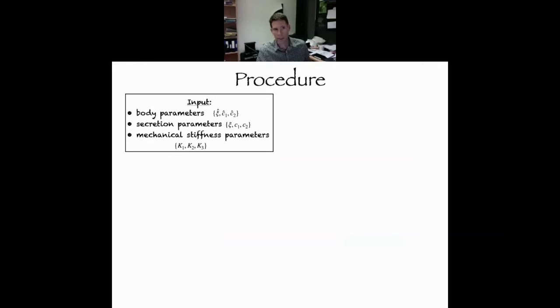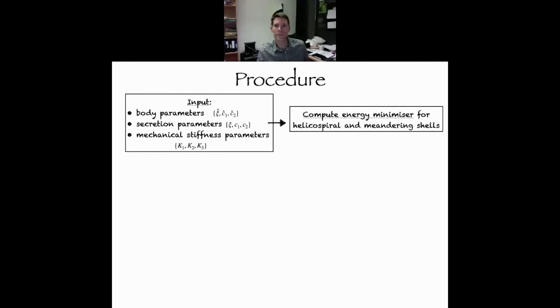And from there, we can talk about mechanical energy minimization. And so the idea is I input the body parameters, the secretion parameters, and we also have mechanical stiffness parameters, which really I know almost nothing about, but you'll see how I'm going to at least try to deal with those. And for fixed parameters there, I can compute the energy minimizer for each of the helicospiral and meandering shells.